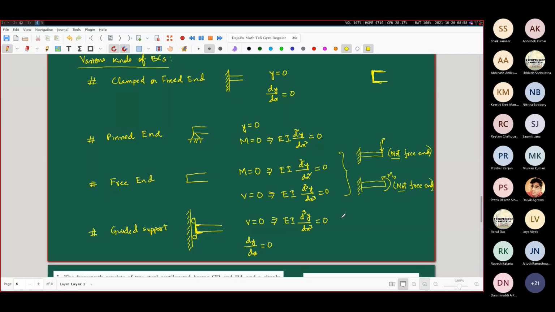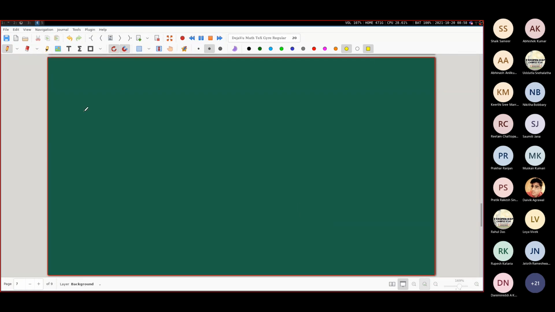So I'm referring to statically indeterminate beams, statically indeterminate cases.